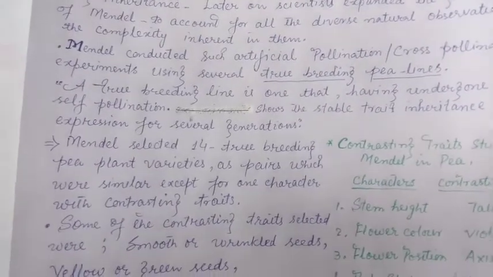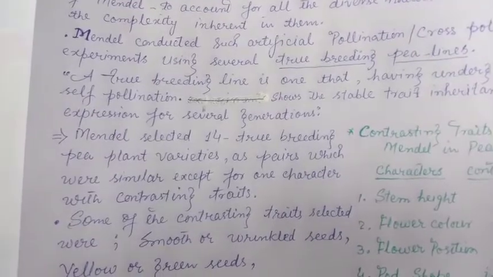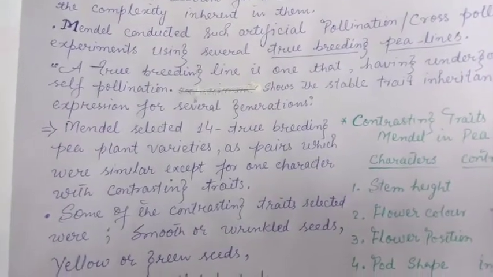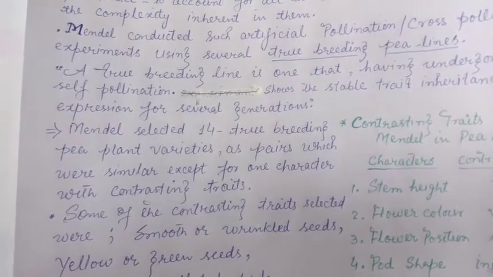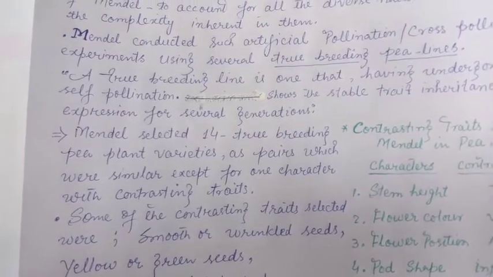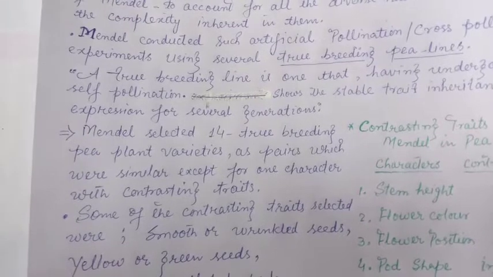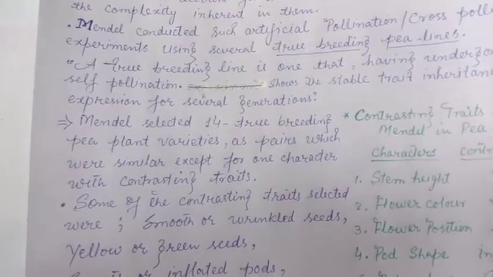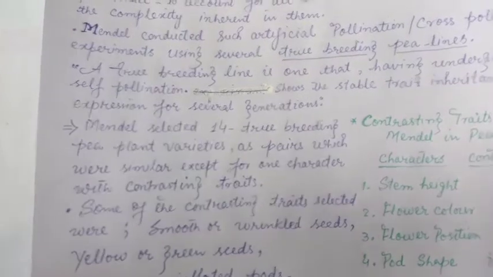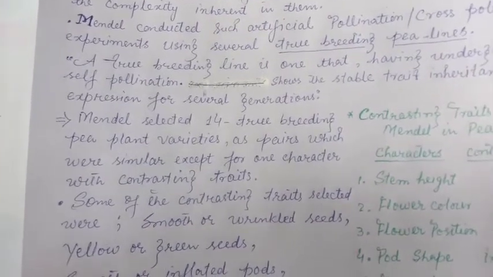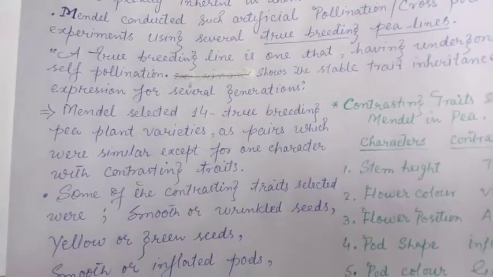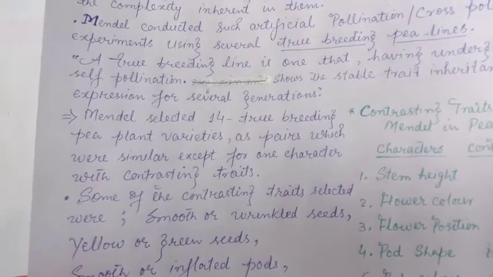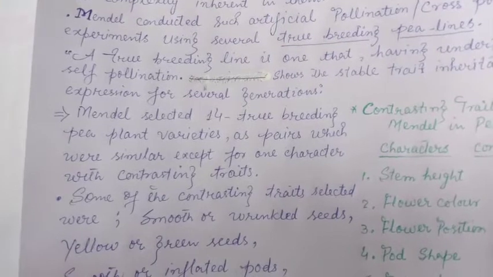Then Mendel selected 14 true breeding pea plant varieties as pairs which were similar except for one character with contrasting traits. Hope you understand this. Or I may repeat: Mendel selected 14 true breeding pea plant varieties as pairs which were similar except for one character, just one character having the contrasting trait.